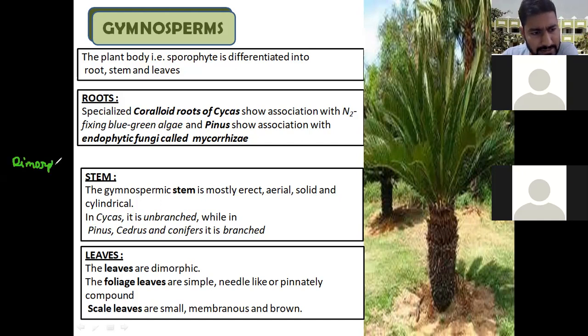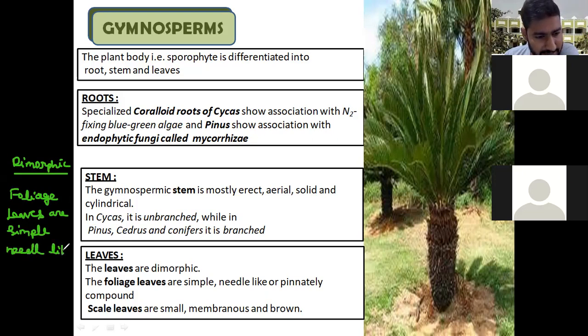The foliage leaves are simple, needle-like, and pinnately compound. It is saying needle-like.